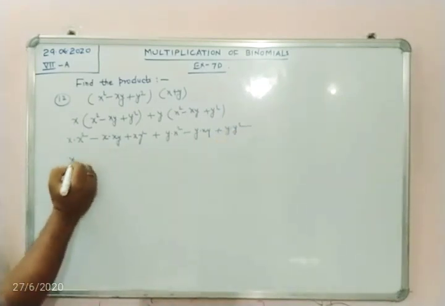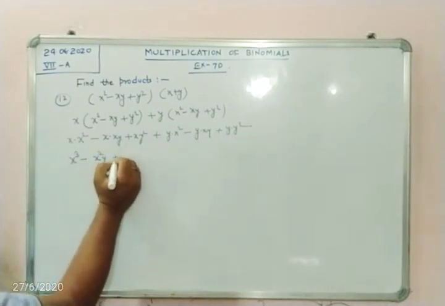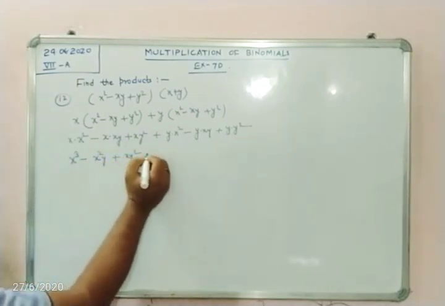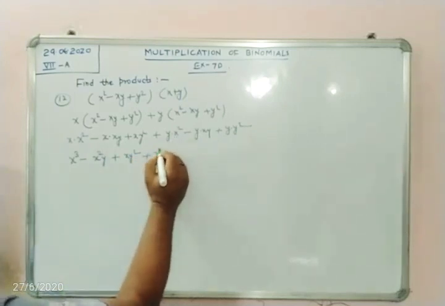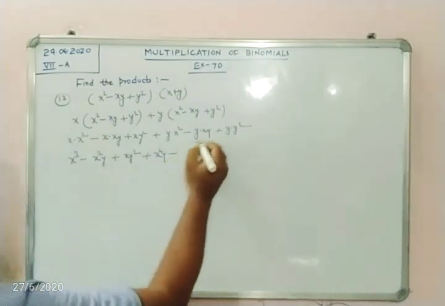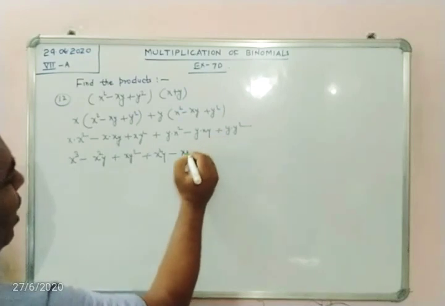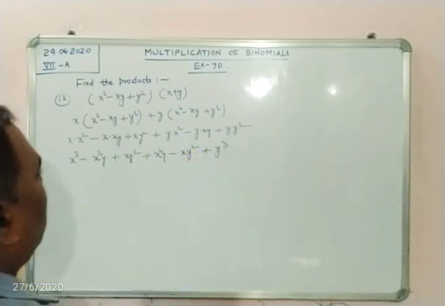So x into x square gives you x cube minus x square y plus xy square plus, this should be written x square y, because both these things are the same. y x square or x square y, both these two things are the same. Minus here xy into y square plus y cube.